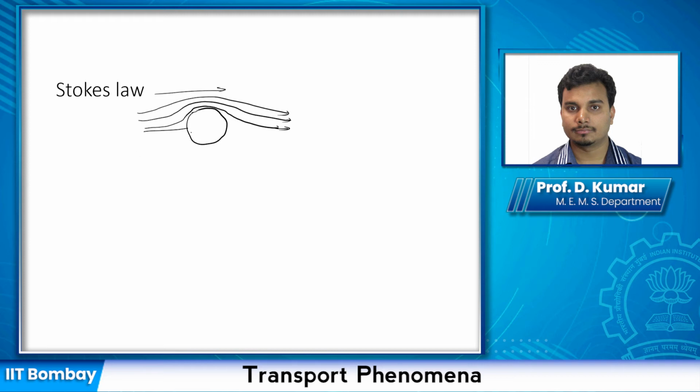In these cases, Stokes derived the equation and considered the contribution from both friction drag and pressure drag, and found that the total drag is 6 pi mu r v.